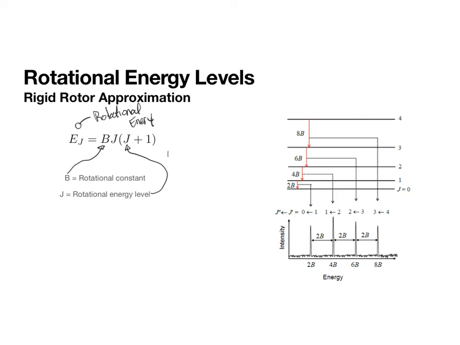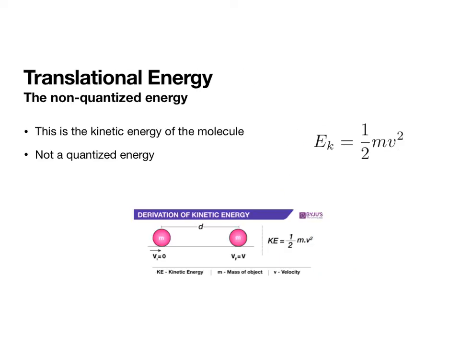And so we get the series of quantized energies that our molecule can have when they're rotating. And this rotational constant is experimentally determined. Well, there's also a way to calculate it, but we're not going to go there. That's for next semester.